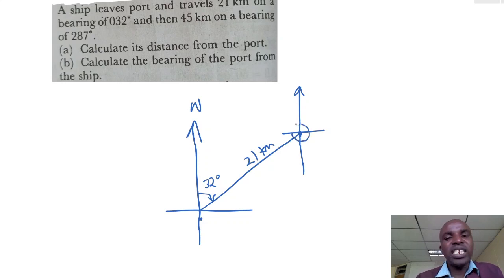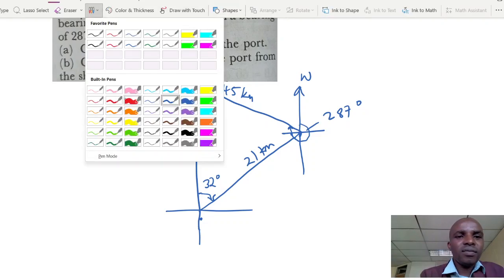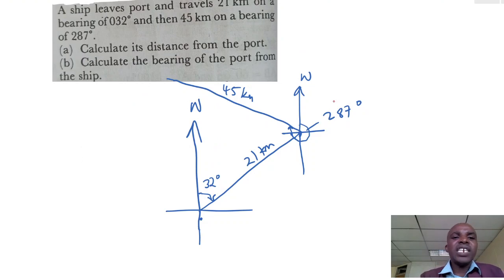Up to this point is 270, so it's somewhere here, something like this. And this angle is supposed to be 287 degrees. Then 45 kilometers. Let me change my ink. Then they said calculate its distance from the port. So this one is my port.